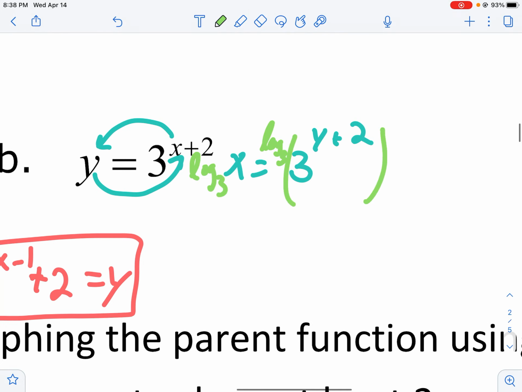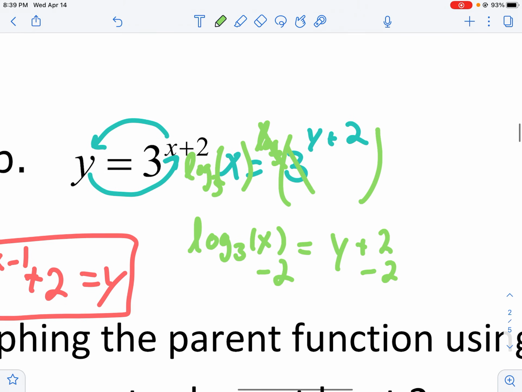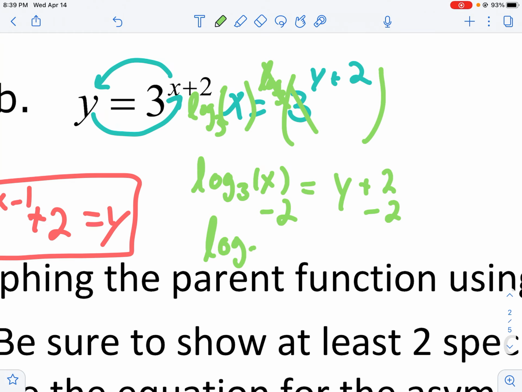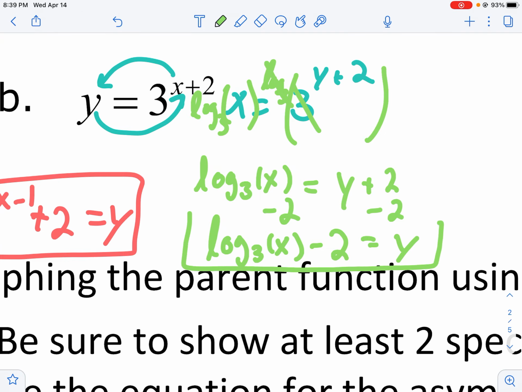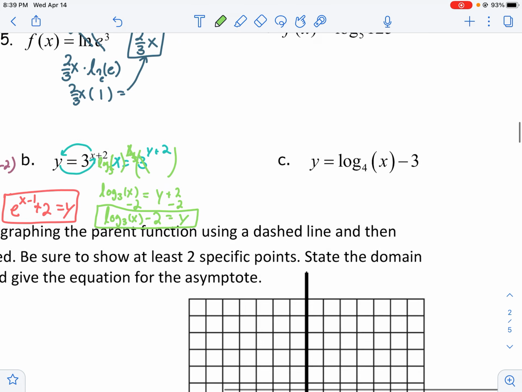So log base 3 of each side. So that gives us log base 3 of x is equal to log base 3 and 3 cancel, so y plus 2. And then you subtract the 2 to get log base 3 of x minus 2 is equal to y. There's our inverse equation for letter B, I mean.